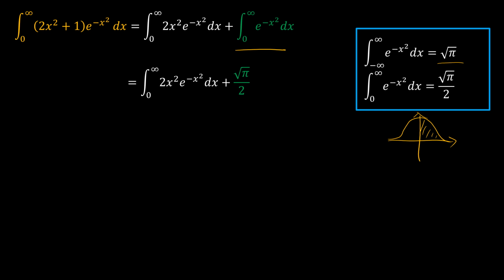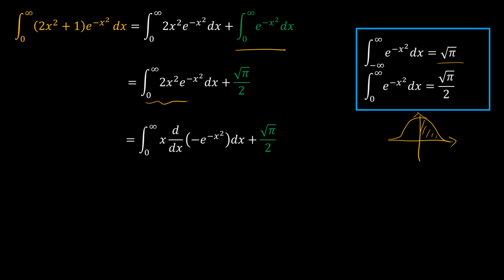Now we're left with our first item, and we can see that this can also be expressed as x times the derivative of negative e to the power negative x squared.